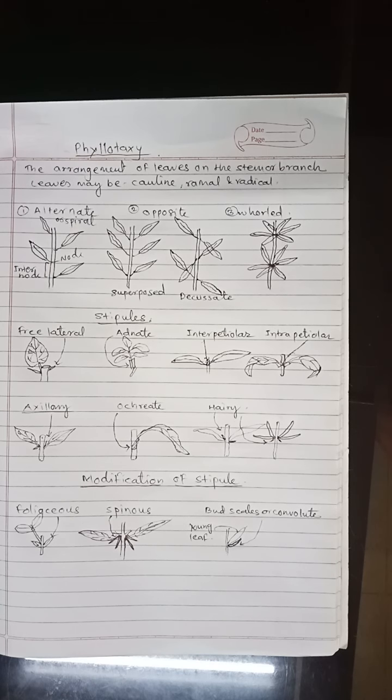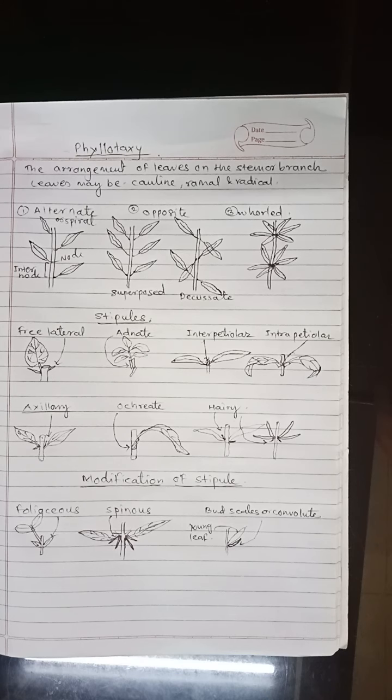Spinous. In some plants, the stipules are modified into hard, pointed, defensive organs called spines. Example, Acacia, babul plant, Prosopis and Ziziphus. The ber tree, in this, spinous type of stipules are present.